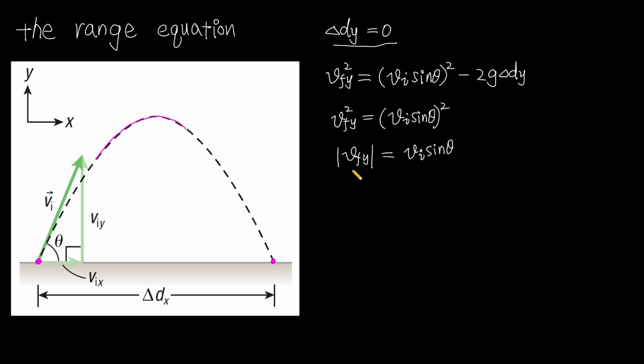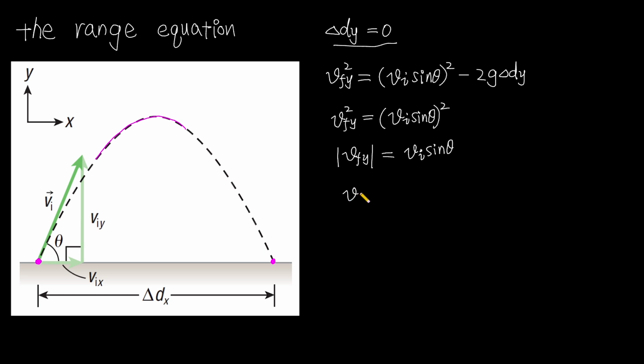We know the direction of the final vertical velocity is down because at the end the projectile goes this way. It's opposite to the positive direction.